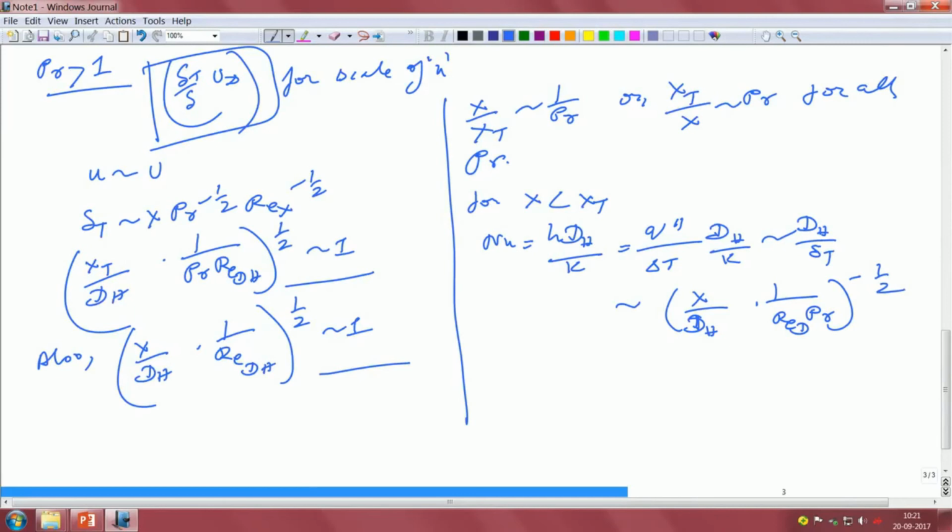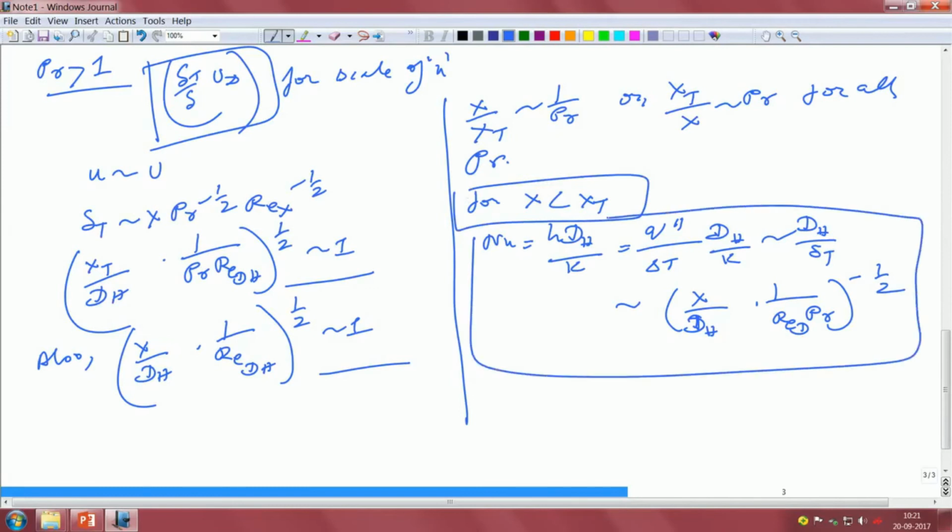That is the Nusselt number value, in this developing region. So, remember two things. One is that this is for all Prandtl number. This is different from a flat plate where we had that Prandtl number 1/3 and half kind of a discrepancy. Here actually that does not exist, and also the Nusselt number definition is given by this. So, these two are important points that you should always remember.